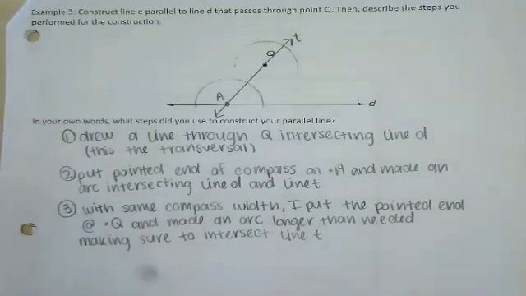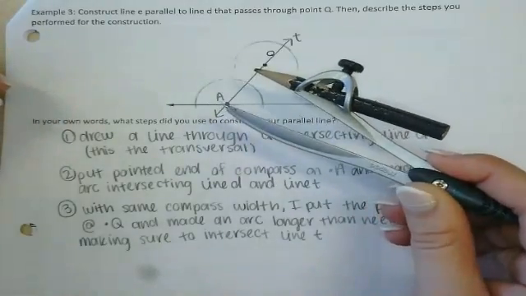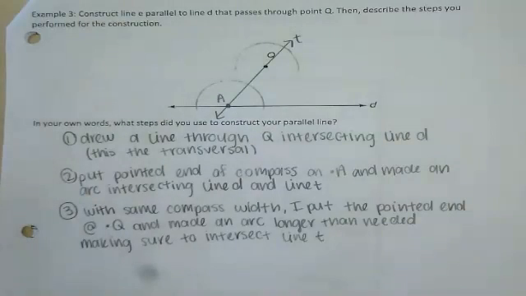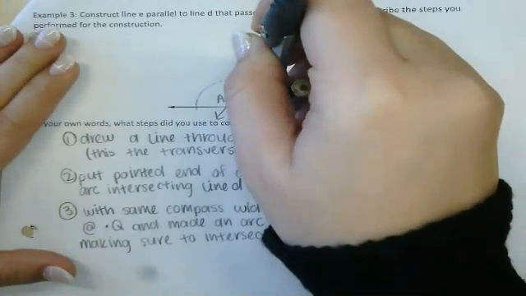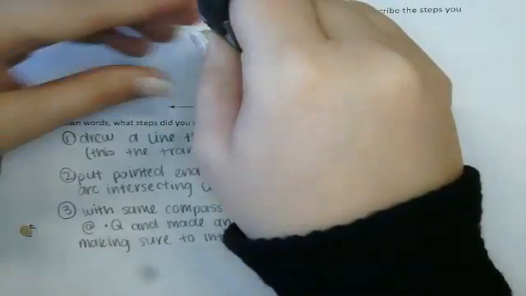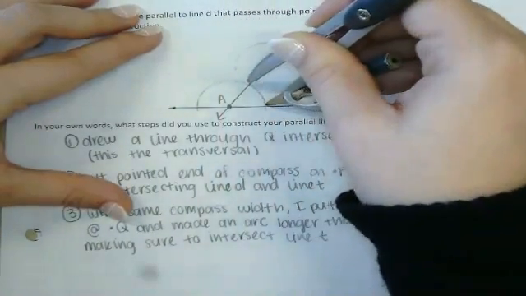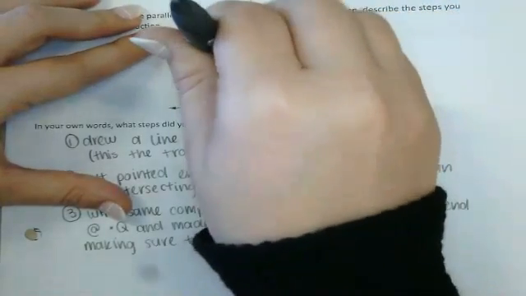Okay, so now that we have our steps written down, our next step is to, like we were about to do, make our compass the width of our arc. So you put the pointed end of your compass on this line segment where the arc intersected it, and the pencil end down here where that arc intersected line D, and you're going to give yourself an arc there.